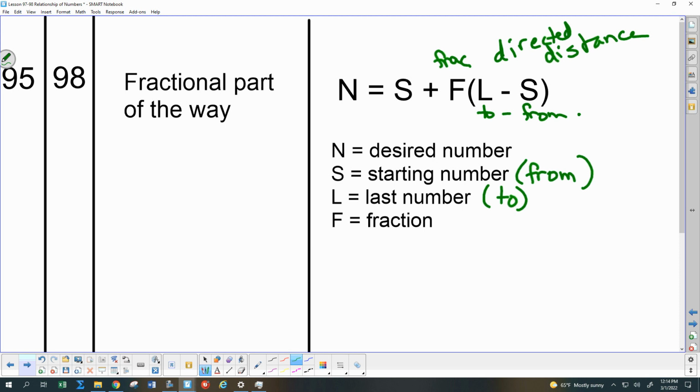So I'll give you a moment to get that copied down, and then we'll do our final example.